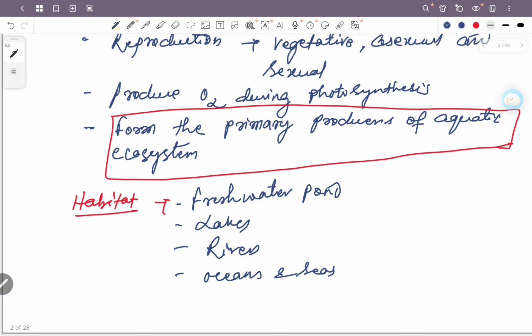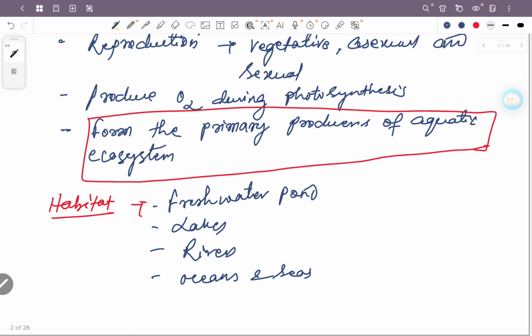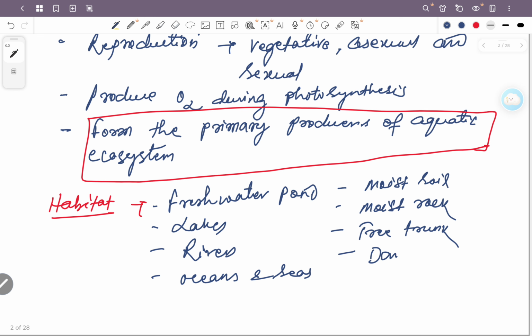Okay, so besides this, they are also found in moist soil, moist rock, tree trunk, damp wall.